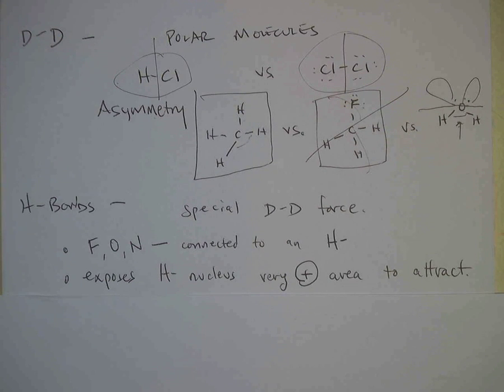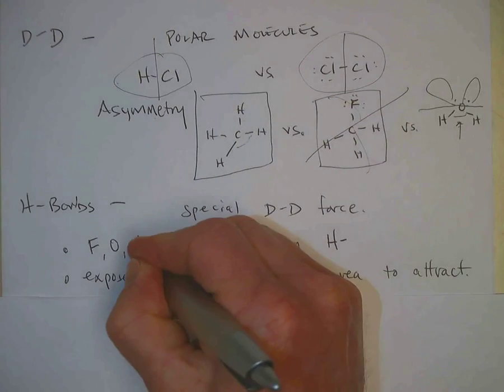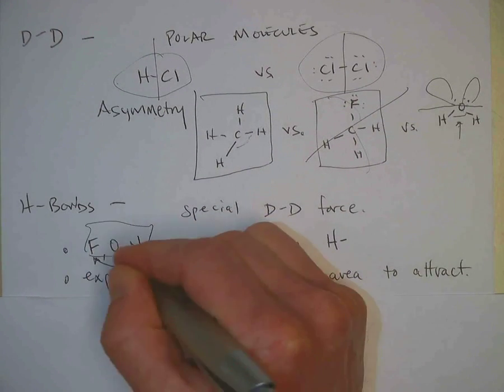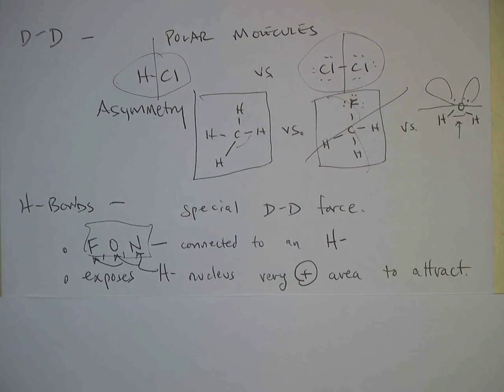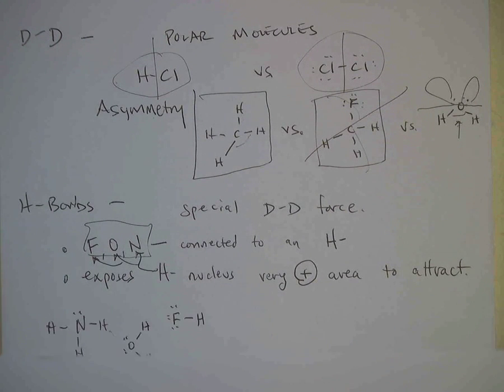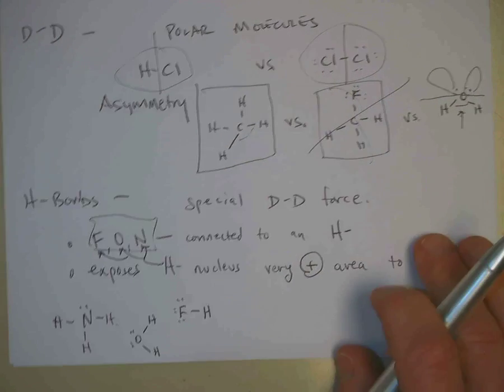The reason it happens is because the hydrogen's electron is pulled very closely to the nitrogen, the oxygen, or the fluorine due to these three elements' electronegativity, therefore exposing the positive nucleus area to attract to other things. Here's a couple of good examples.